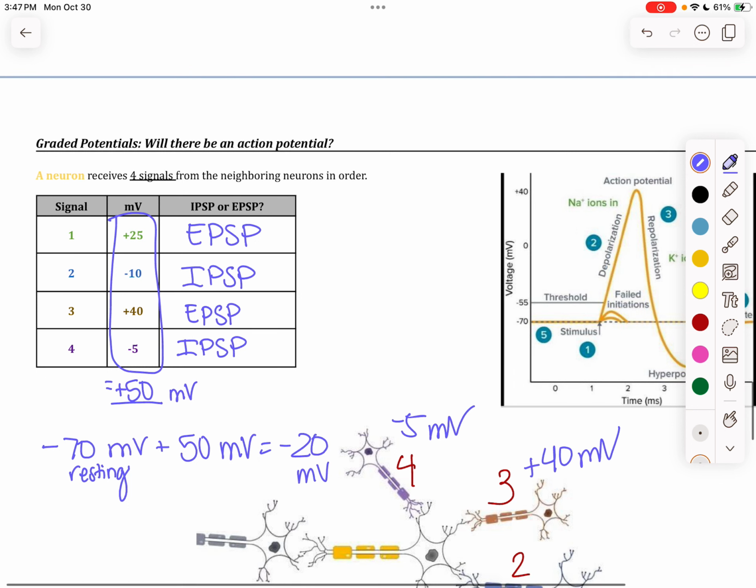Minus 20 is more positive than minus 55. So yes, my friends, it will fire. Yes, we will have an action potential.